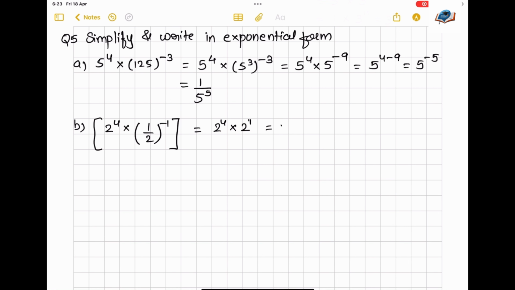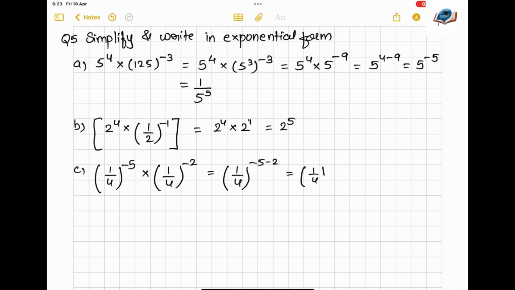So that will be 2 raised to 4 plus 1, so 5. Now C1 is 1 upon 4 whole raised to minus 5 into 1 upon 4 whole raised to minus 2. So this will be 1 upon 4 raised to minus 5 minus 2. So 1 upon 4 raised to minus 7. So 4 raised to 7 I can write it.